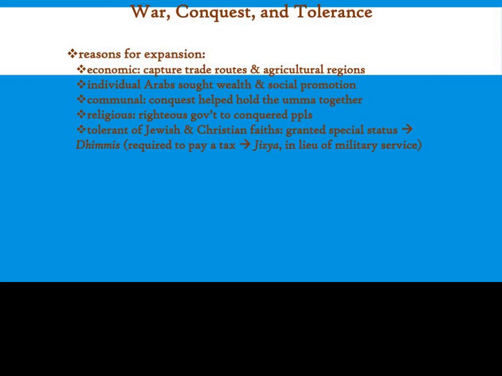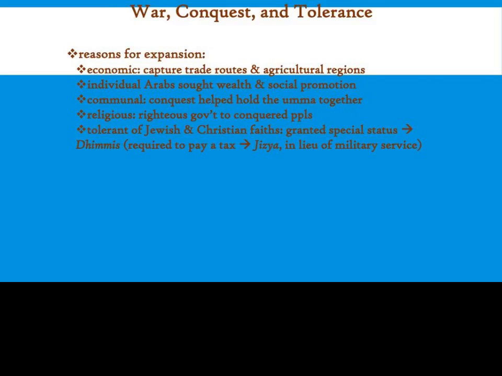Because of the influence of Judaism and Christianity on Muhammad, they were actually very tolerant of the Jewish and Christian faiths. They were granted a special status called dhimmi, and they were required to pay a tax, the jizya.